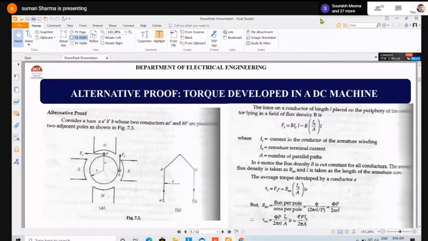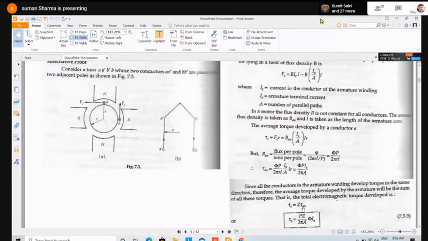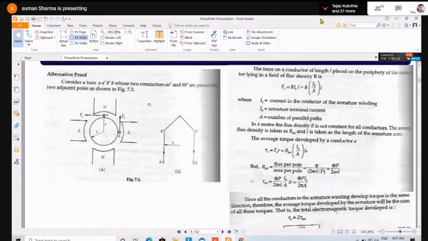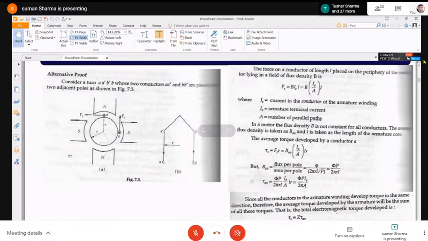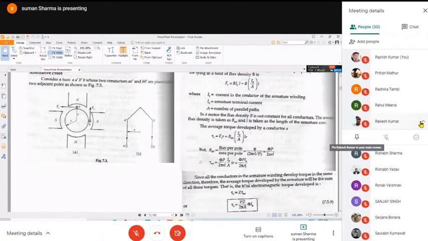So you get phi into IA ultimately. So we get T equal to K phi IA. So you get the same expression for torque whether you use the Lorentz force equation and multiply it with R, or use the control equation and derive it that way. This is the alternate proof. Is this clear?